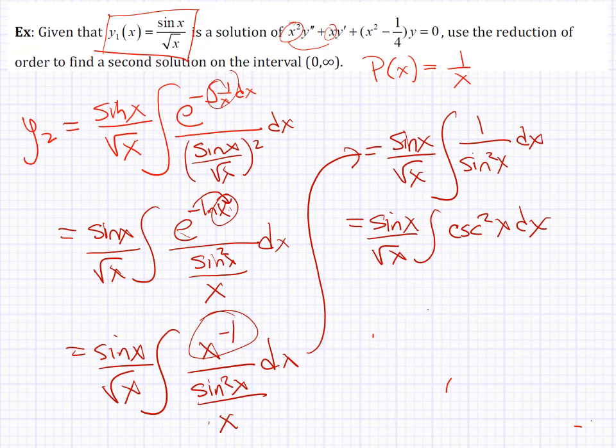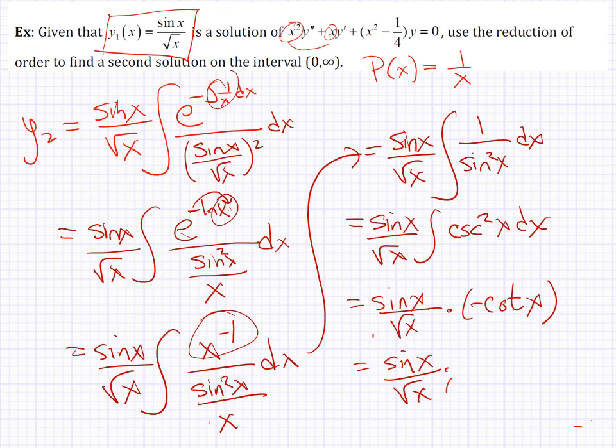So we all know that this should be minus cotangent x. So we get sine x over the square root of x times negative cotangent x. But cotangent we could write as cosine over sine, so we could do a little bit better here. So sine x over square root of x times cosine x over sine x.